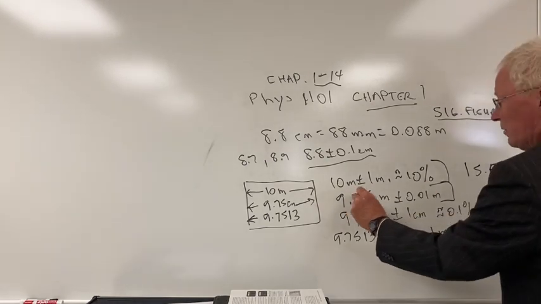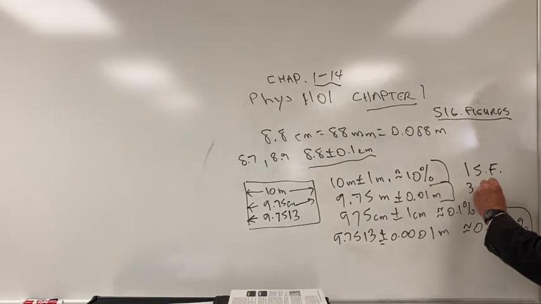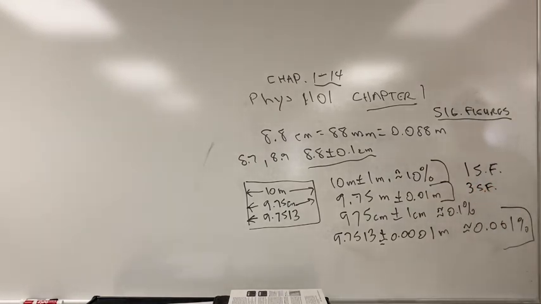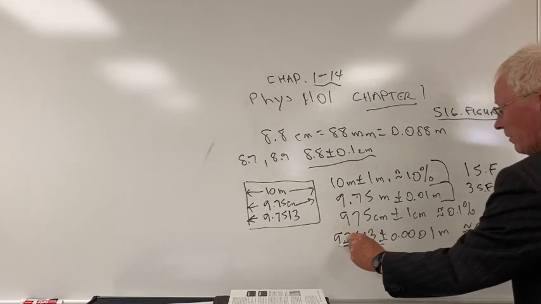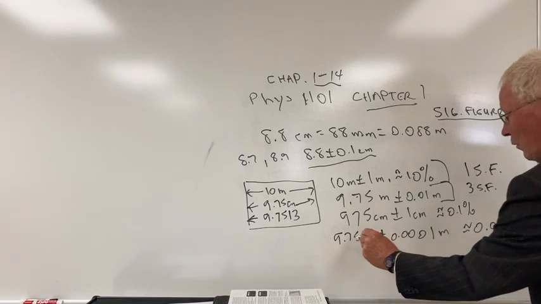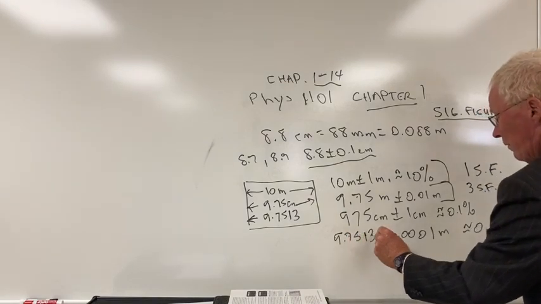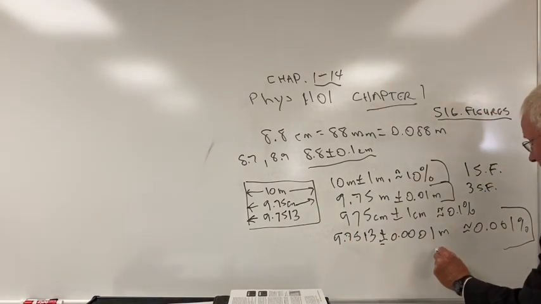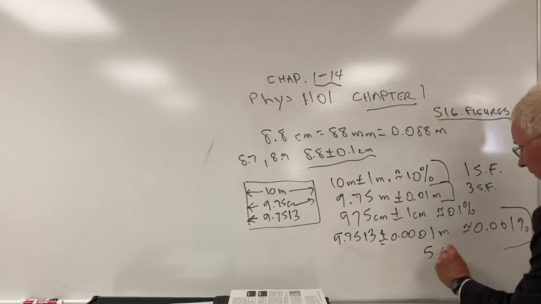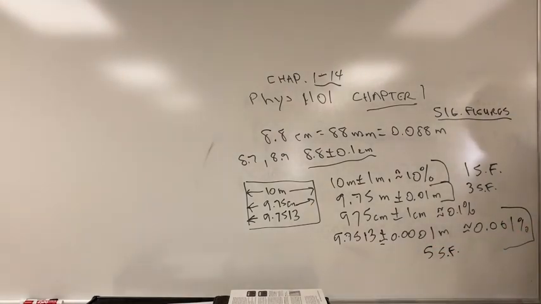This one has 1, 2, 3, so it's 3 significant figures, and that implies our accuracy. The bottom one has 1, 2, 3, 4, 5 digits, so that is 5 significant figures. So that's the accuracy of this measurement.